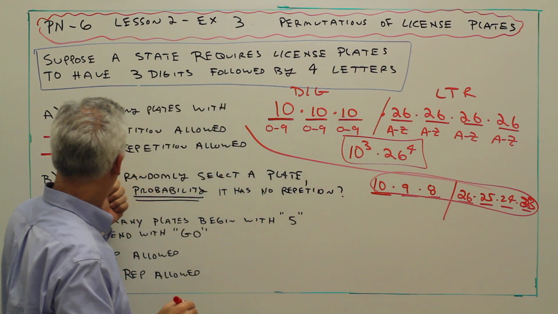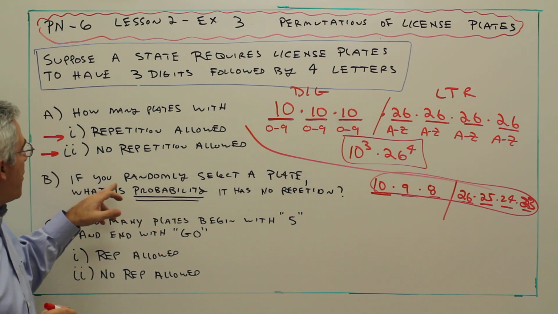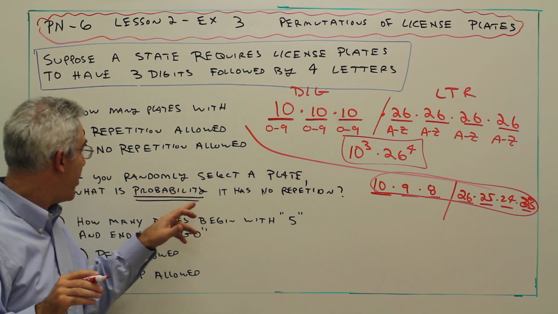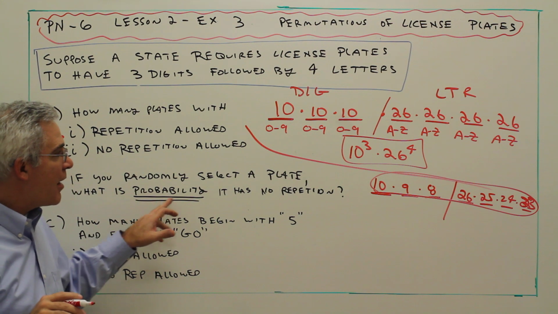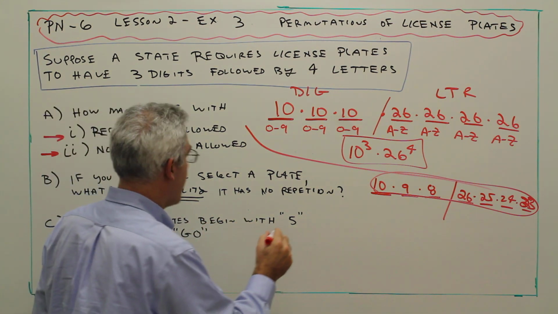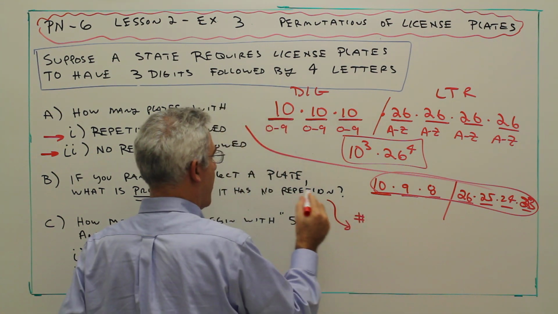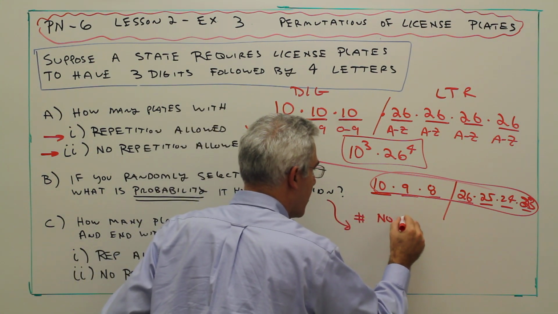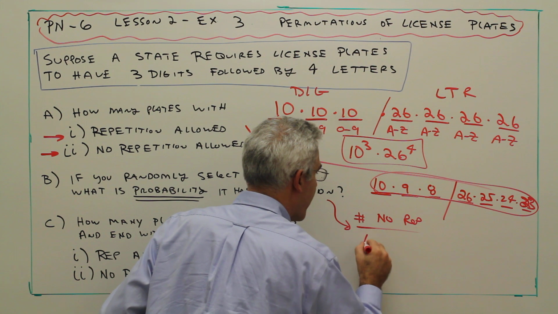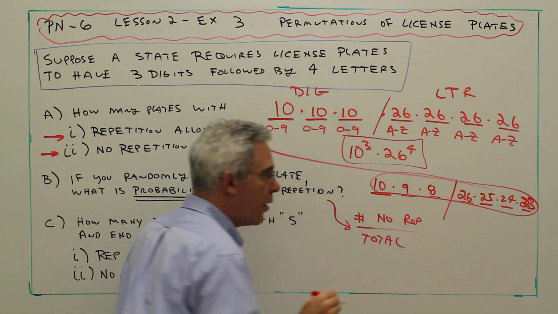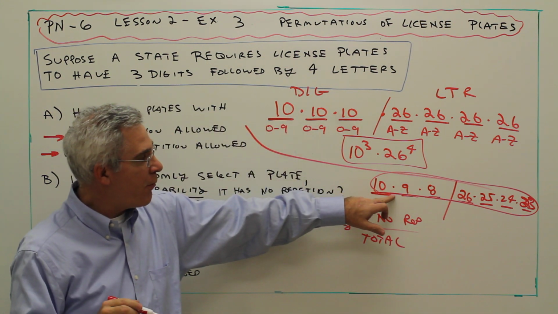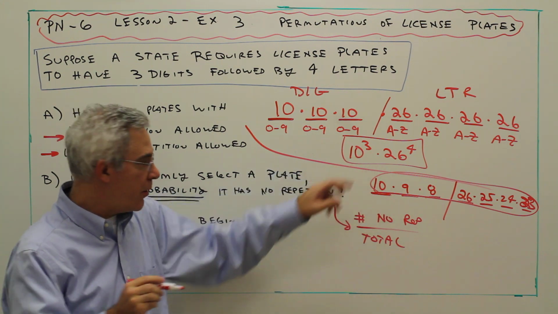Okay, problem B. If you randomly select any license plate, what's the probability that it has no repetition? So I'll put that work over here. So it's the number with no repetition over the total. Oh, this is the number with no repetition. This is the total.